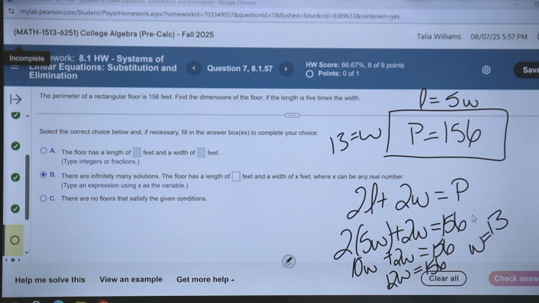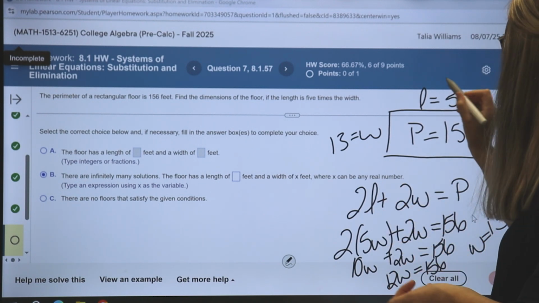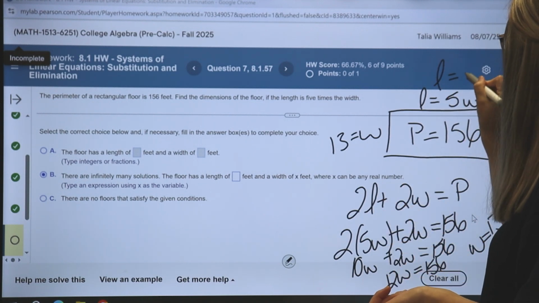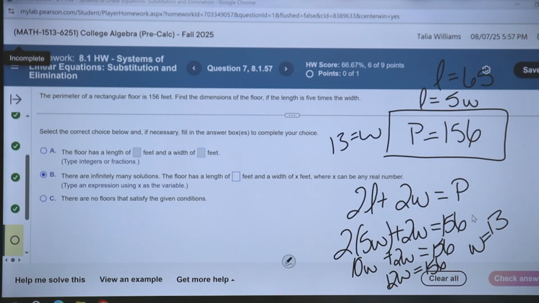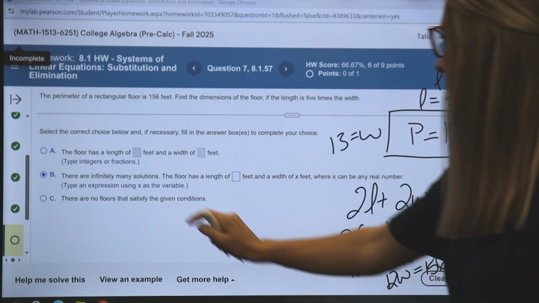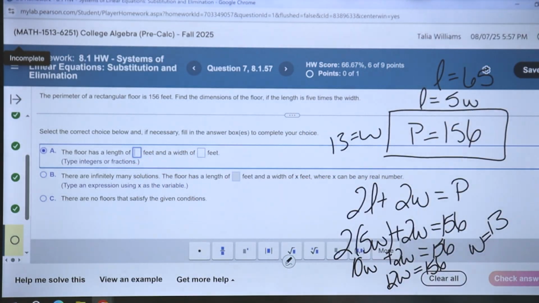No, 5 times 12 is 60, but 5 times 13 is 65. I don't know why I get in my head about little numbers. Okay, that's it. So length is going to be 65 and width is going to be 13. And we can check this too by adding up 2 lengths and 2 widths to make sure.